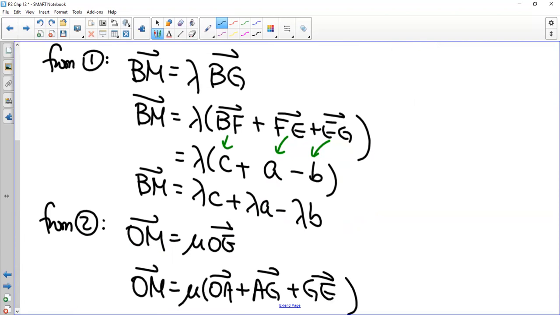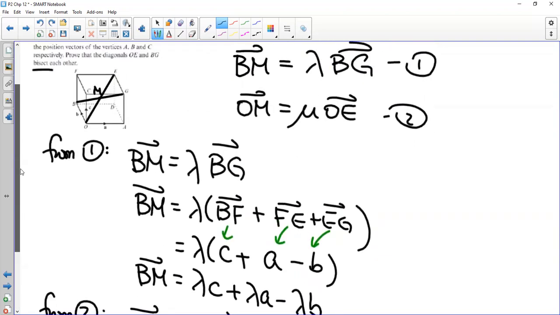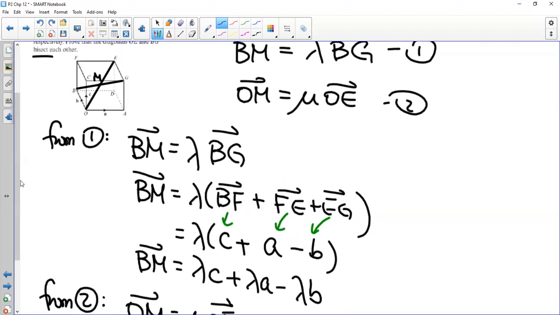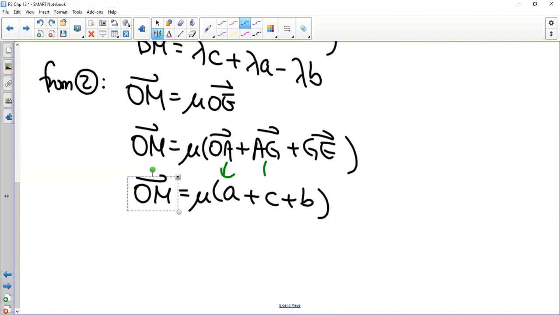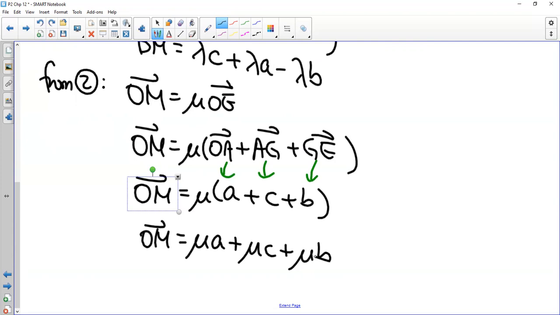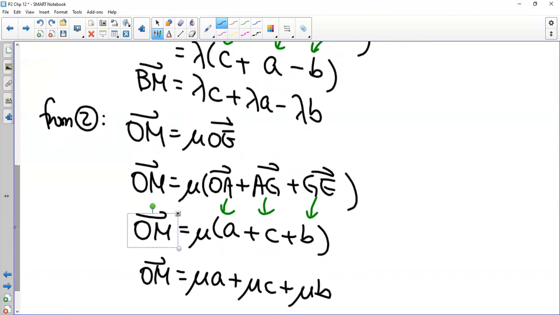So there are different ways you can go from O to E. So OA is A, then C, and B, or A plus C plus B. So therefore, OM equals mu A plus mu C plus mu B. We've found our two lovely equations. Now it's time to put them in the blender and put it together.